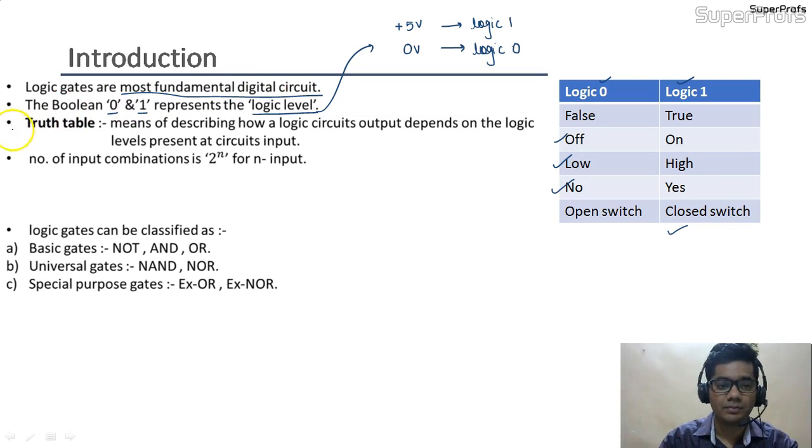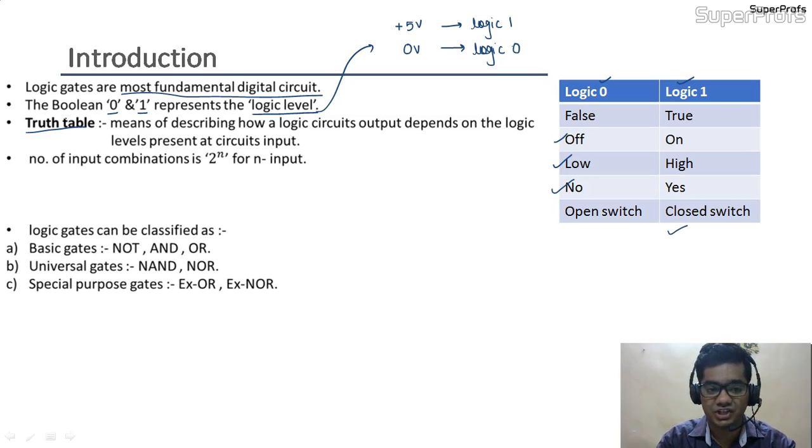Now we come to the truth table. So what is a truth table? First of all, we will see the definition. A truth table describes how a logic circuit output depends on the logic levels present at the circuit inputs. So students, what it means is that depending on the logic inputs, like logic 1, logic 0, or both, 0 1, 1 0, depending on that, how our output is changing, that is described by our truth table.